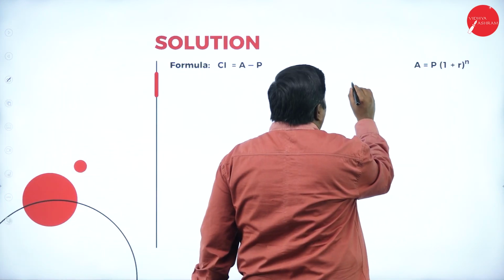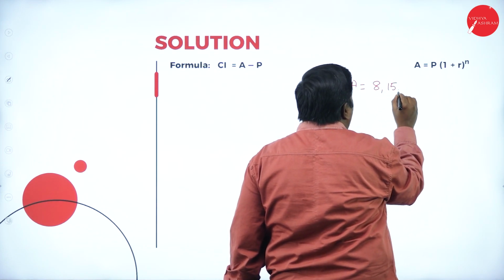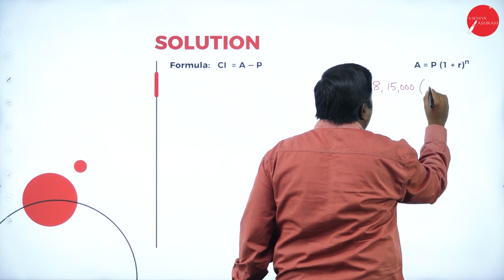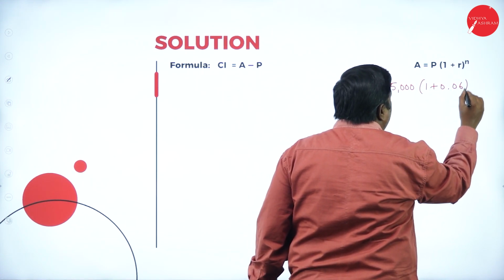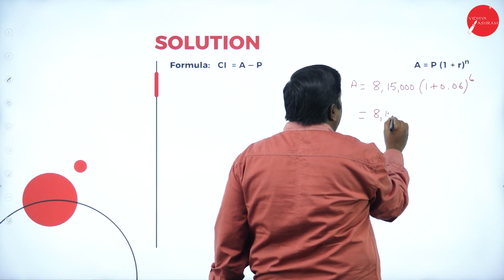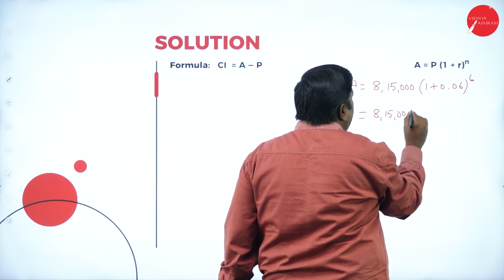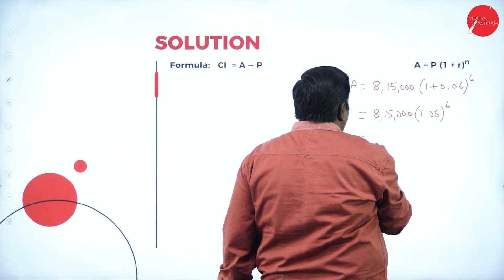So now annuity equals 8,15,000 into 1 plus 0.06 to the power of 6.